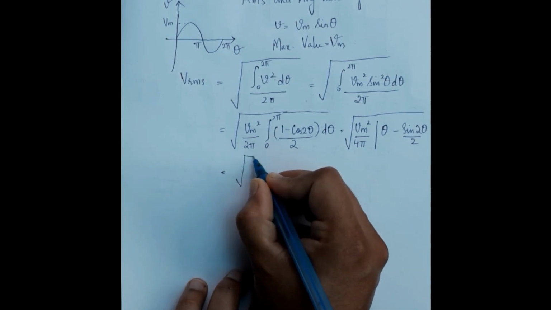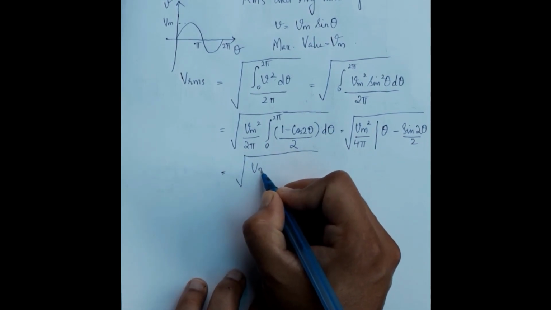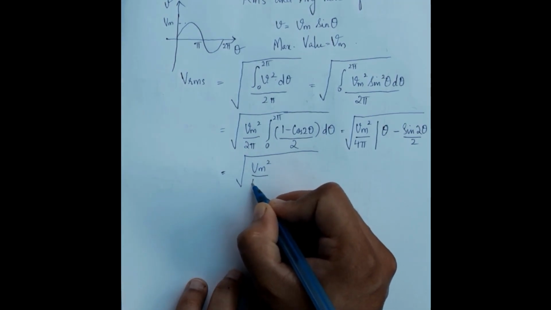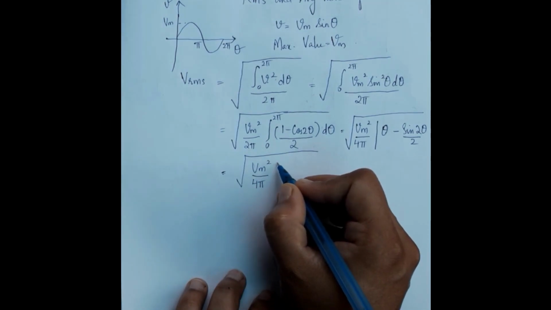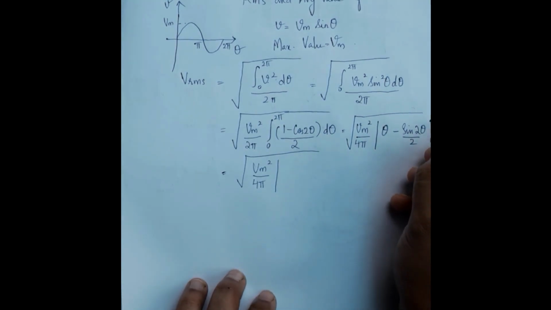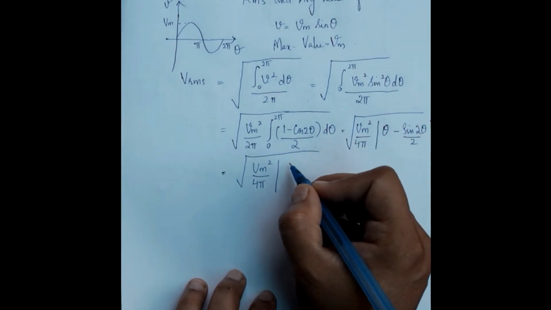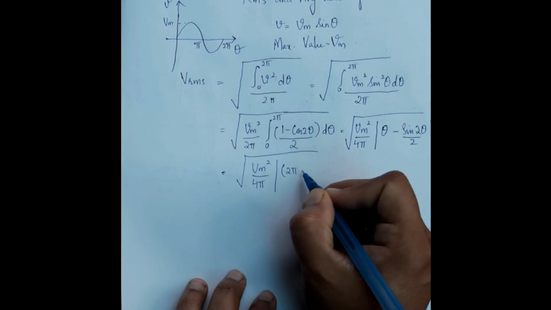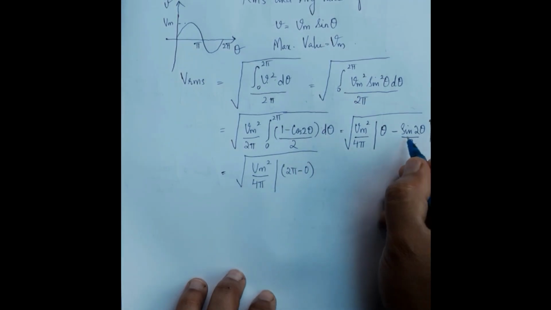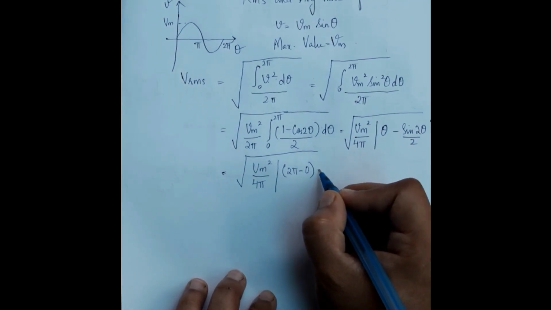Vm squared by 4 pi, open the bracket using 2 pi on theta minus 0, and sine 2 pi and sine 0 are zeros, so you will get 0.